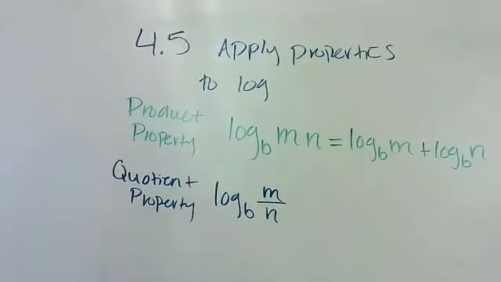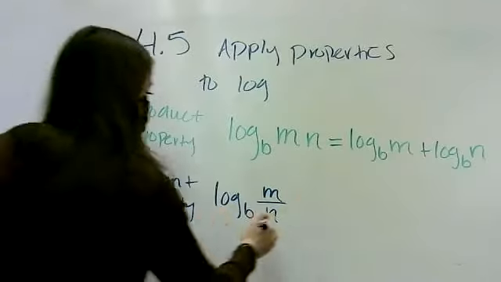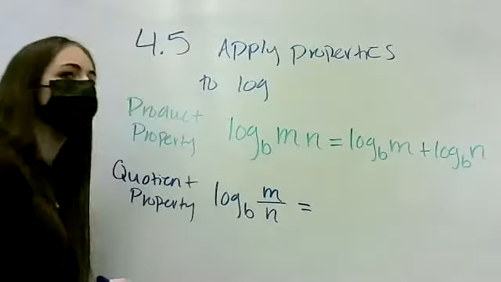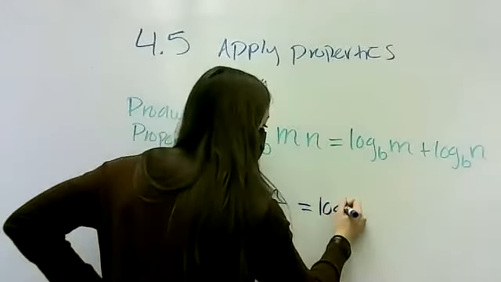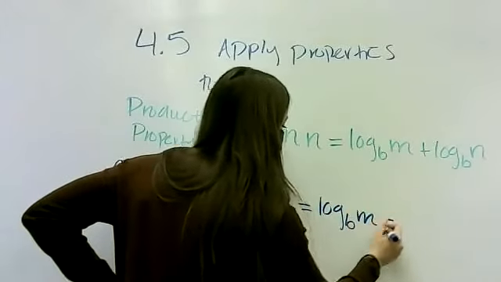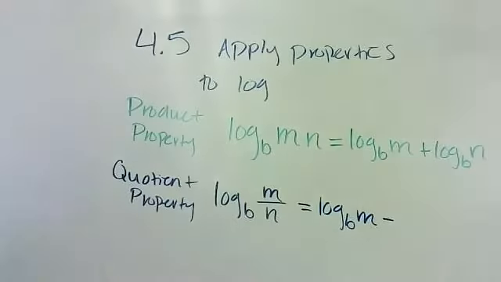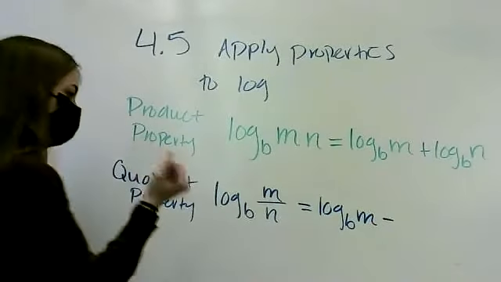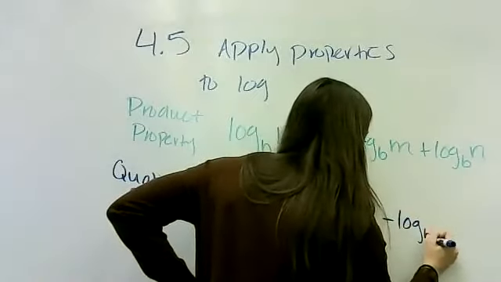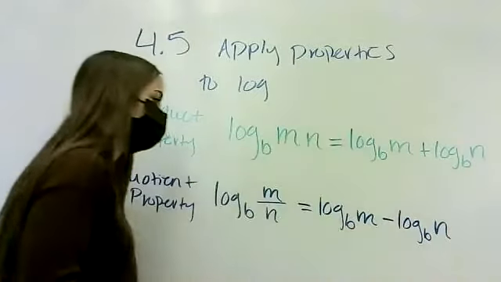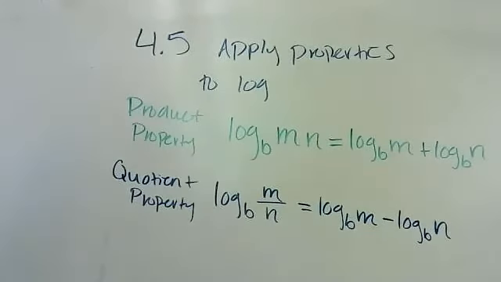Again, division's going to turn into subtraction. So we're going to take log base b of my numerator, and again, division, subtraction, log base b of my denominator, which is n.